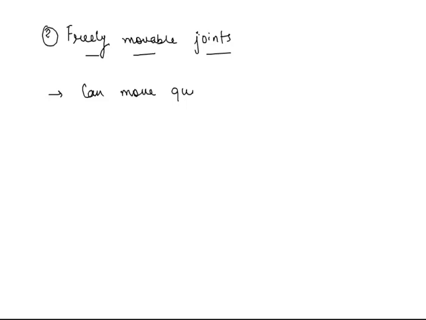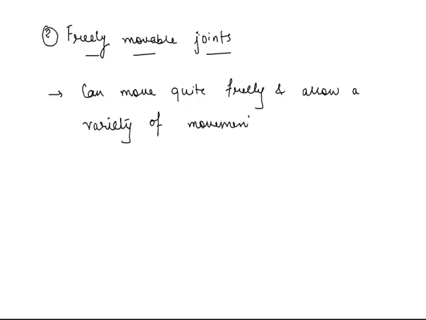Now the second one is freely movable joints. What are freely movable joints? Yes, they can move quite freely and they allow a variety of movements.